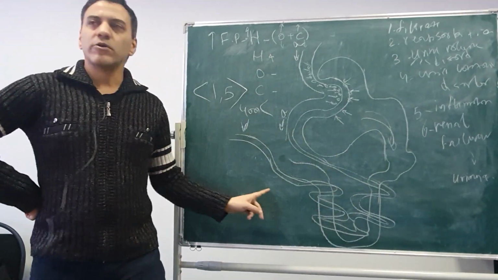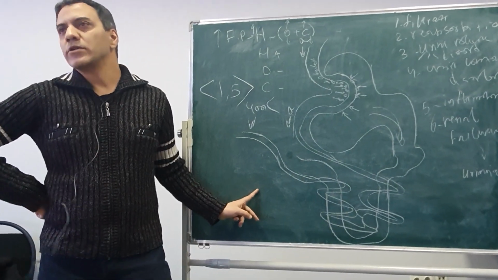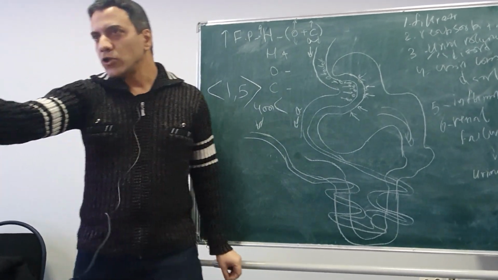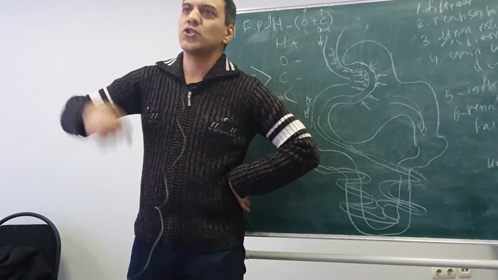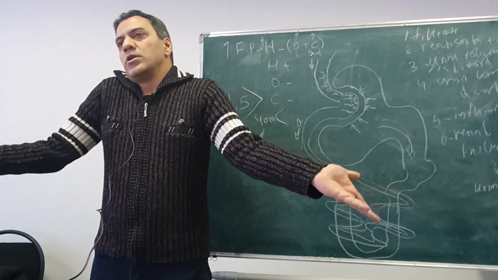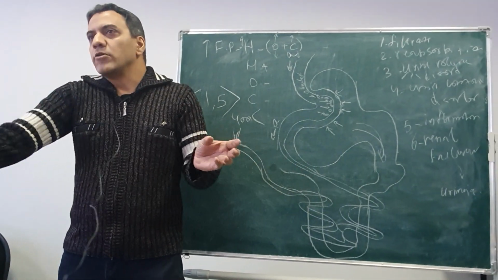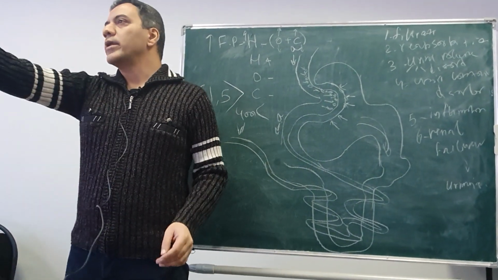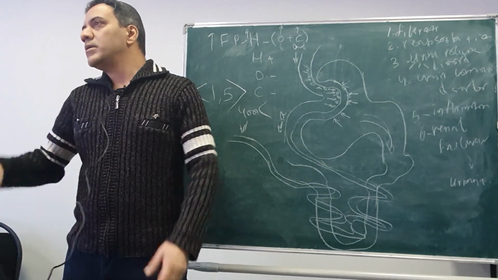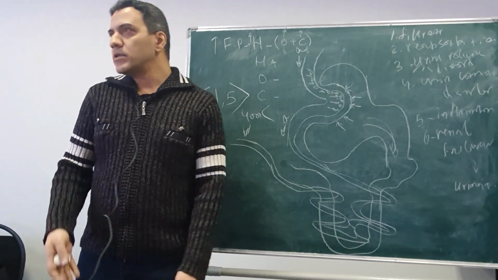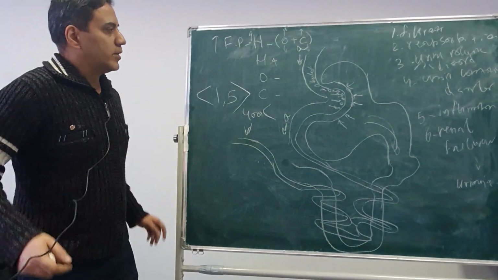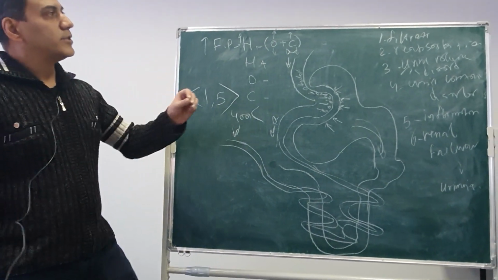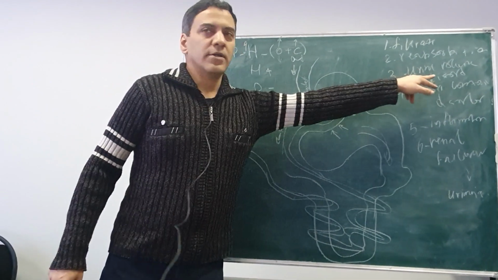Any obstruction, for example stones. A stone in the kidney will lead to oliguria. No urination because of stone, obstruction. Stone could be where? In the urinary bladder, or in the urethra, and so on. Understood? This is about urine volume disorders.